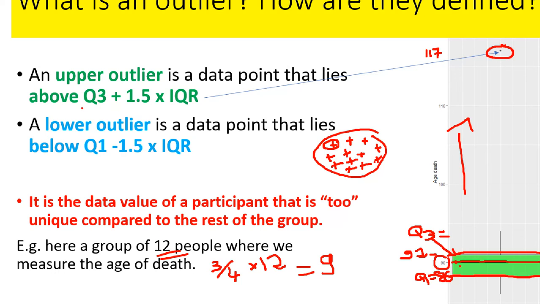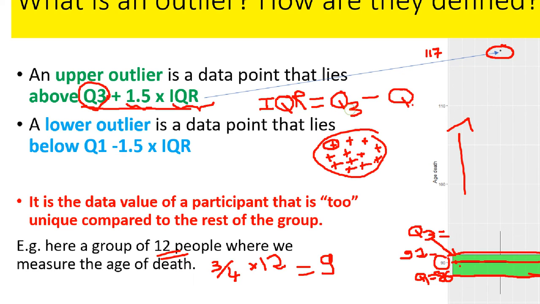How do we define an upper outlier in math, in statistics? It's by taking Q3, so 92 years old, plus 1.5 times IQR, which is the interquartile range. The interquartile range, which I haven't talked about in my previous slides, is Q3 minus Q1.